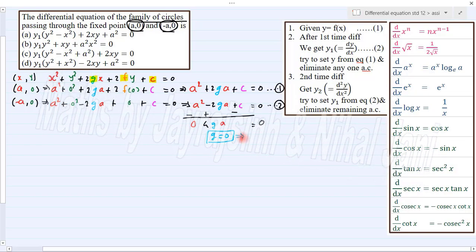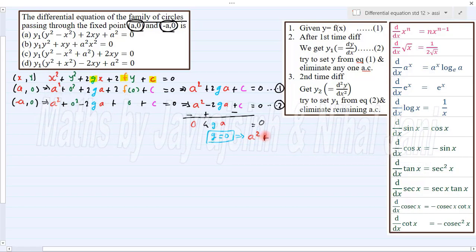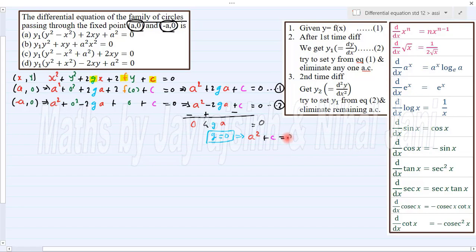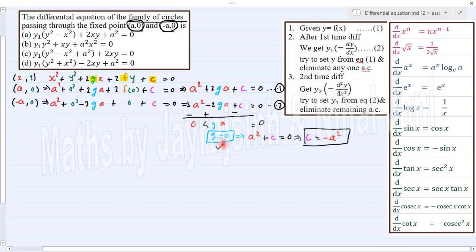And if we substitute this value in any one of the equations, we will get a square plus c equal to 0, which will give us c is equal to minus a square. So we get the values of g and c.